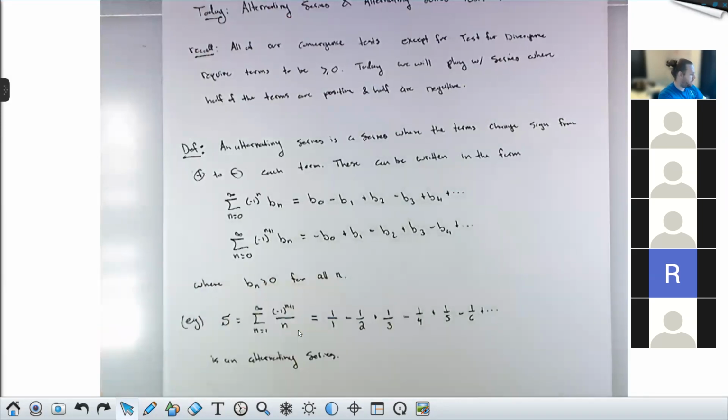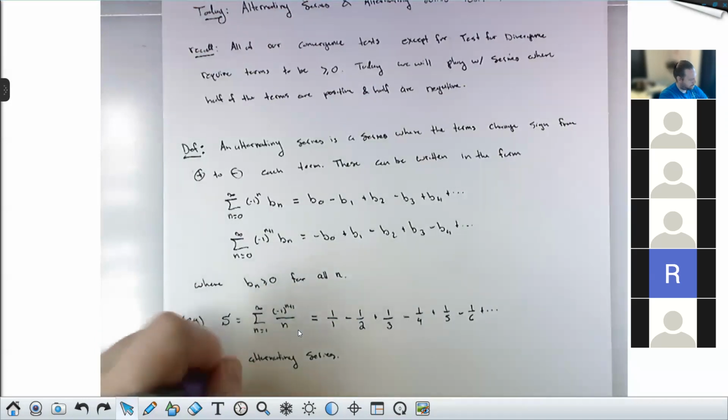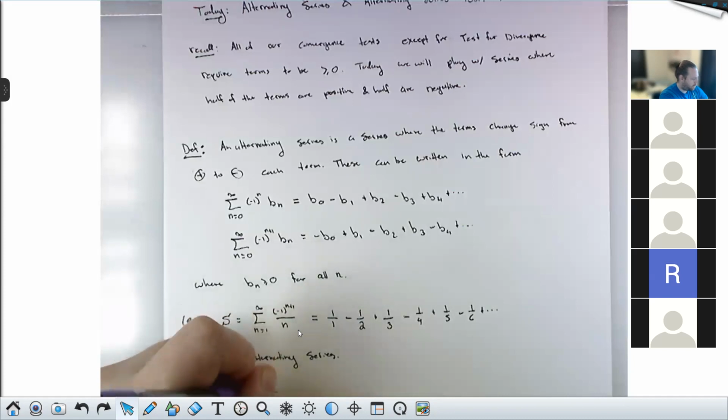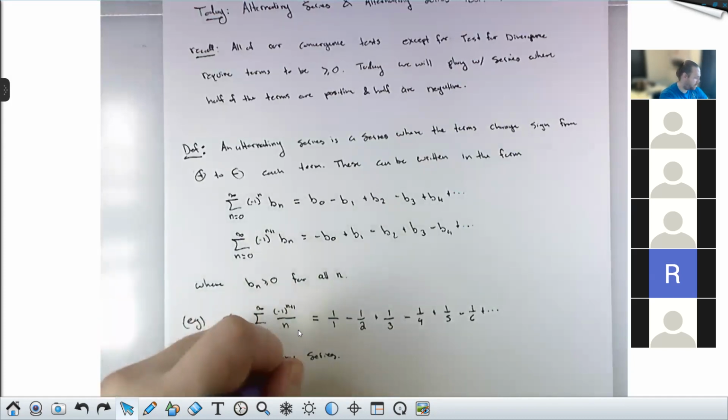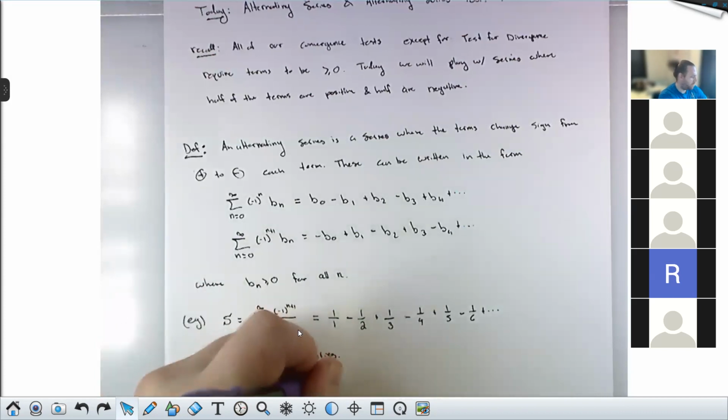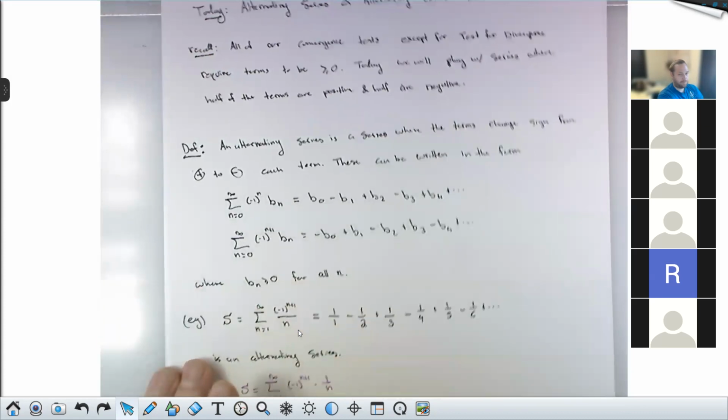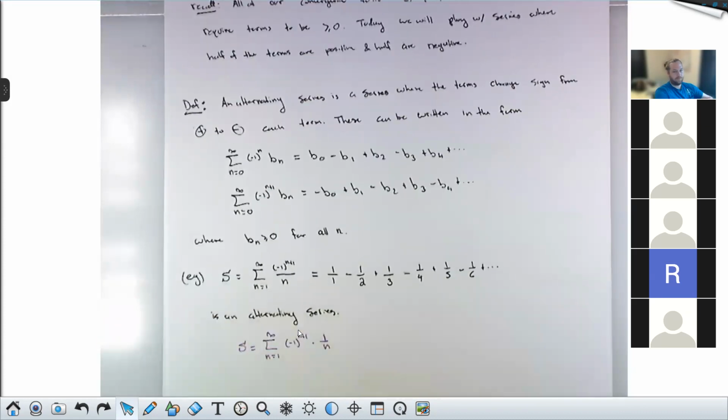And I can write S in that form just by taking that power of -1 and moving it over a little bit. So I can write this as the sum from n equals 1 to infinity of (-1)^(n+1) times 1 over n. And just a little baby algebra inside here, right? So this thing being upstairs is the same as having that thing over here and a 1 upstairs.